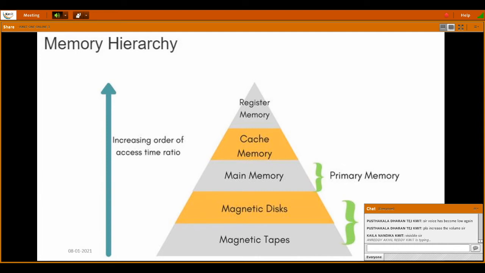Memory hierarchy, whenever we are storing the data, and what is the accessibility? It goes from the magnetic tape, magnetic disk, to main memory. Main memory is the primary memory here, then cache memory and register memory, from bottom to top.